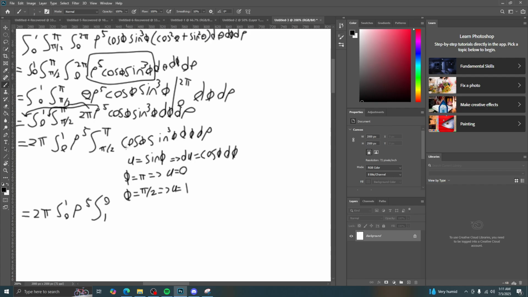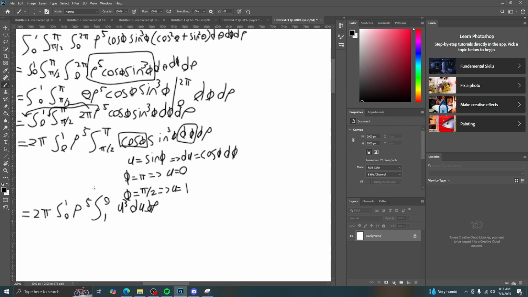So this and this become du, and then what we're left with is sine phi is u, and this is sine phi cubed, so it's just going to become u cubed. So we have u cubed du, and then d rho.